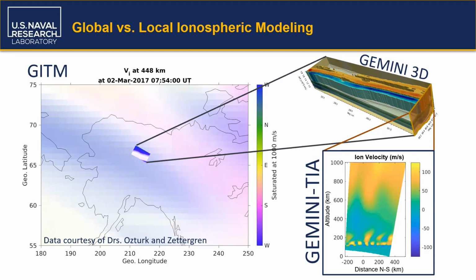This is the Geospace Environment Model of Ion-Neutral Interactions, which is a local scale model designed to work at a much higher resolution. So for that same space and time, we have the Gemini 3D outputs overlaid over GITM's outputs. And then as a third flavor of ionospheric models, we have Gemini-TIA. This is a 2.5D branch of Gemini that is well suited for the high latitudes.